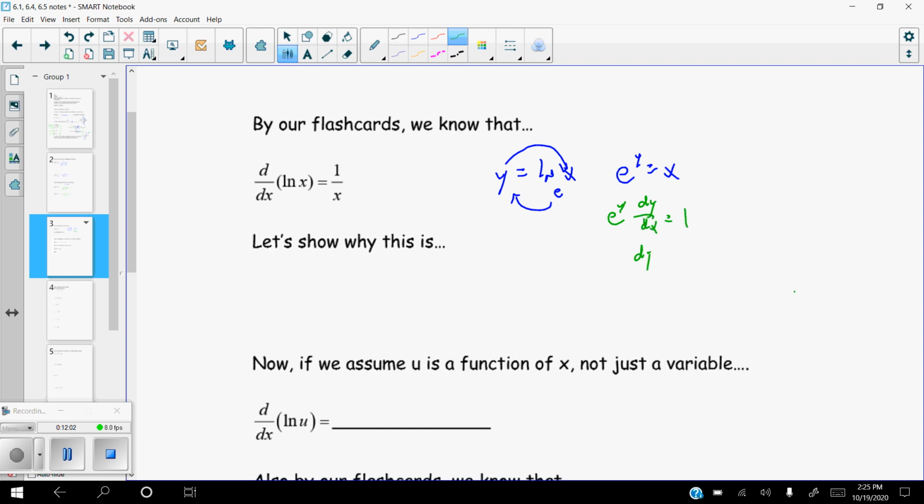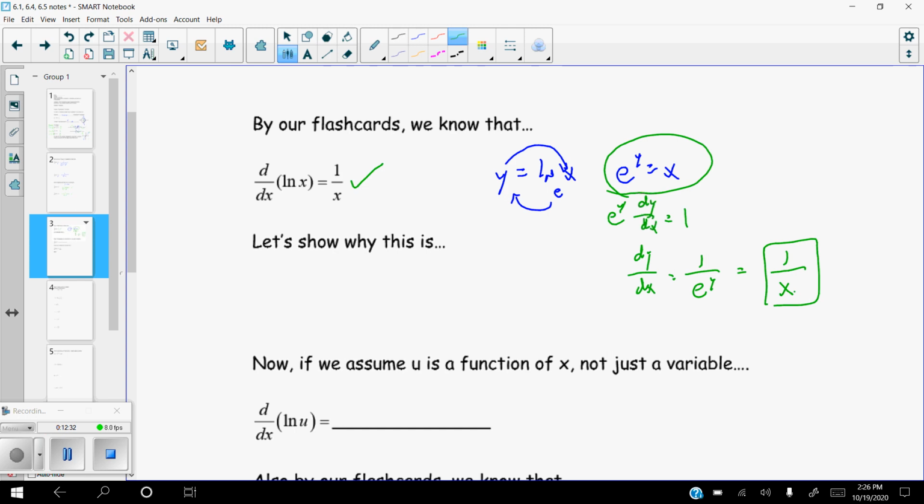So dy over dx is 1 over e to the y. But what is e to the y? E to the y is x, according to that equation. So that can be rewritten in terms of x as 1 over x. And there is the derivative of the natural log, 1 over x. So that is why the derivative of the natural log is 1 over x.